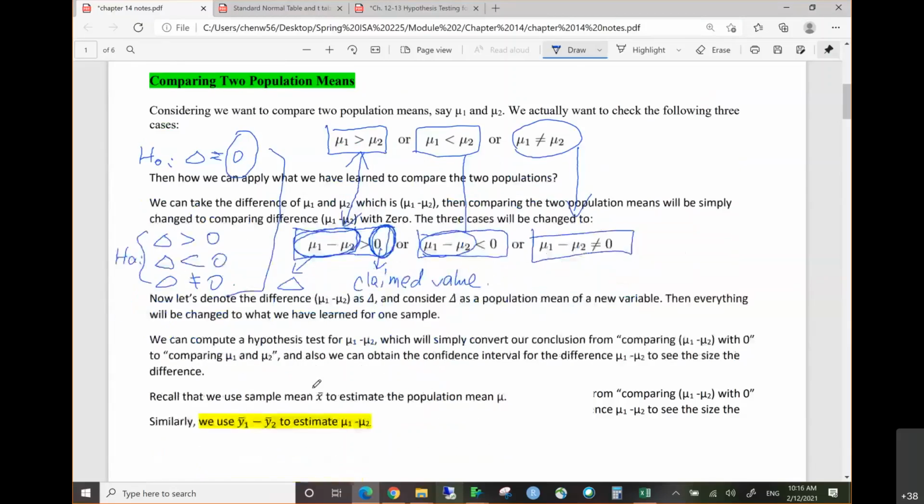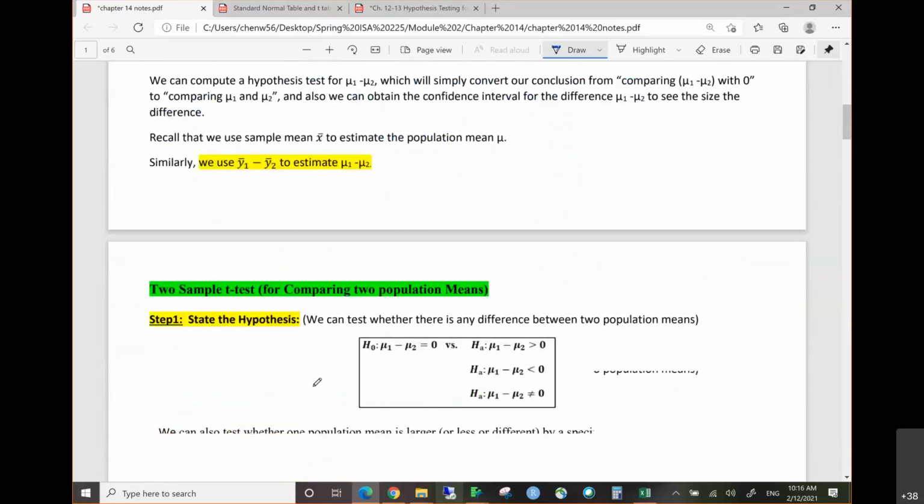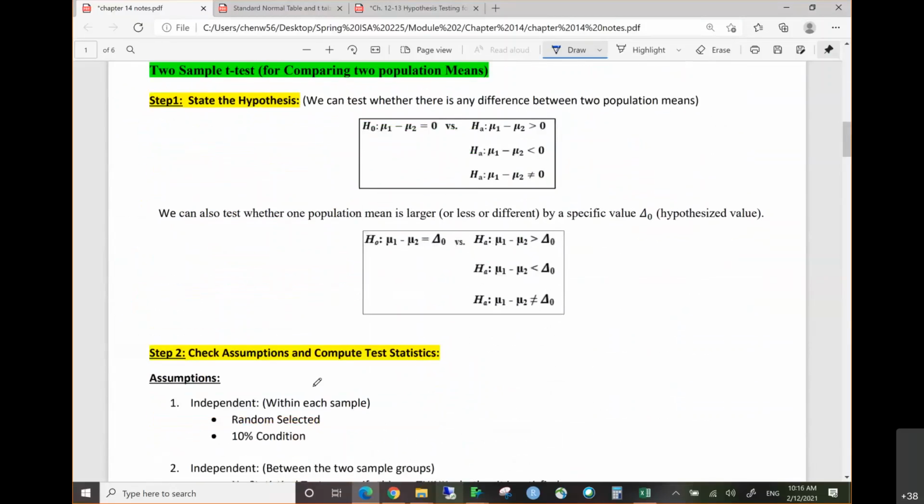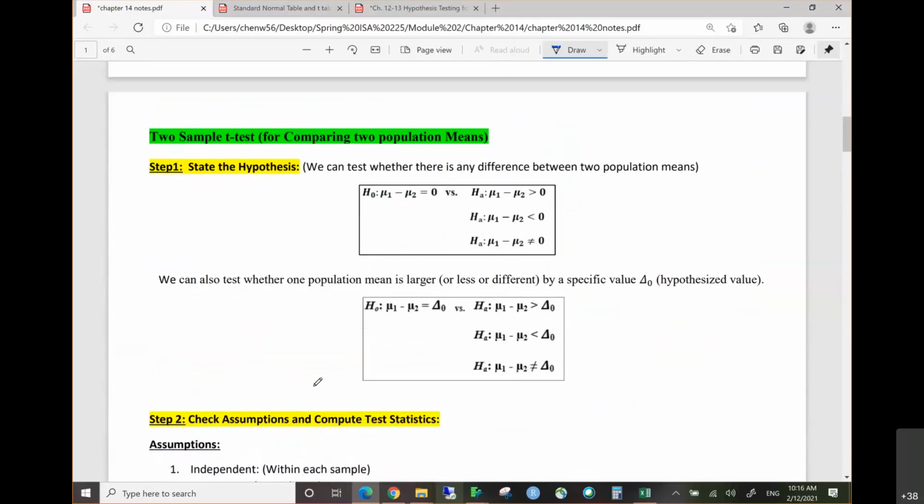All right, so now let's try this hypothesis test. We call this a two sample test because we have two populations, and then we have two samples, one from each population. So totally 2 samples.